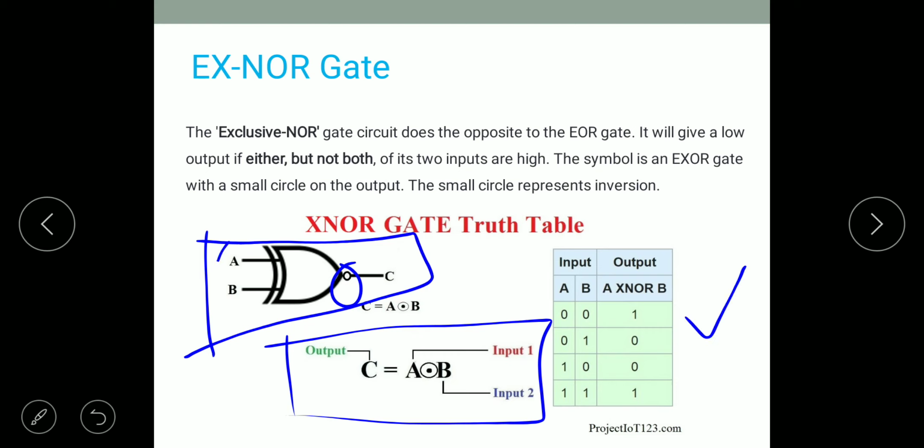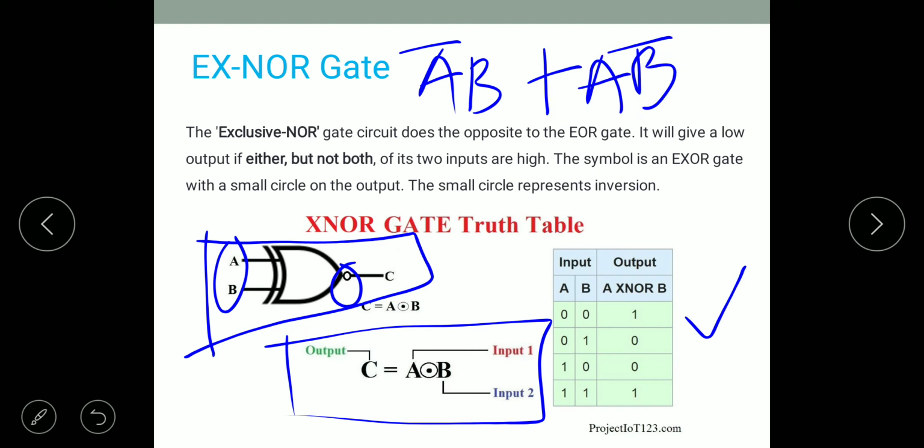Here inputs are 2, so combinations are 4. So 0 0 gives 1. If we see here A bar B plus A B bar, then if we take the last combination, that is 1 1. So here A is 1, so A bar is 0, dot B is 1, plus A is 1, then B bar is 0.